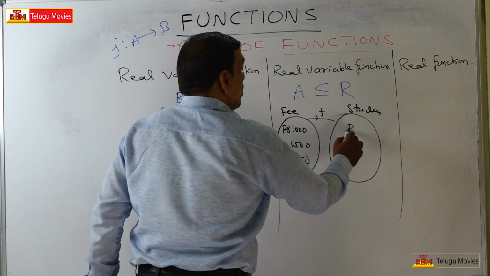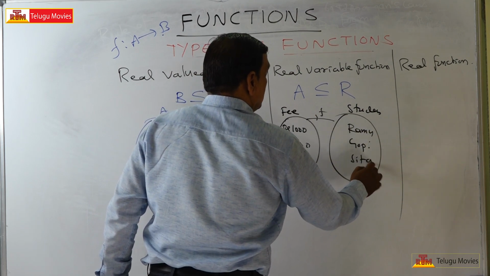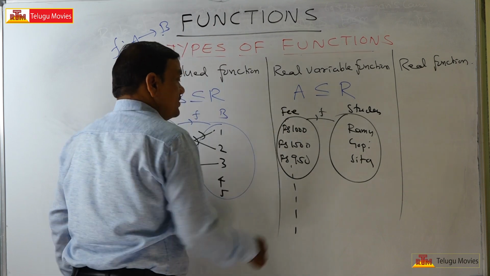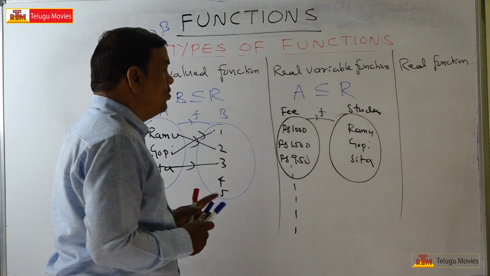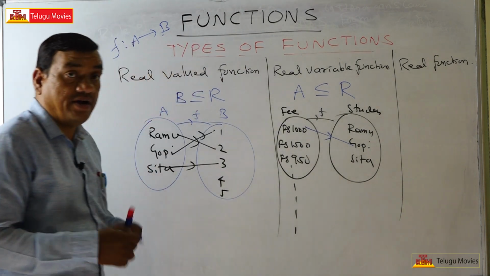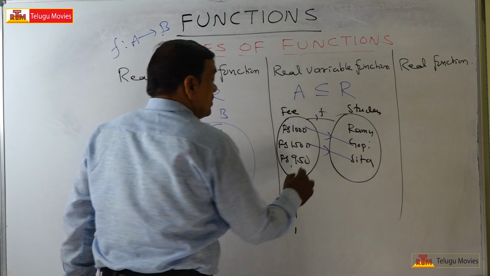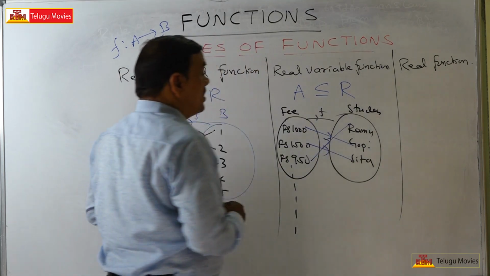So here Ramu, Gopi, Sita, some numbers are there, school fees. Okay, 1000 rupees paid by Gopi, 1500 paid by Sita, and 915 paid by Ramu, like this.